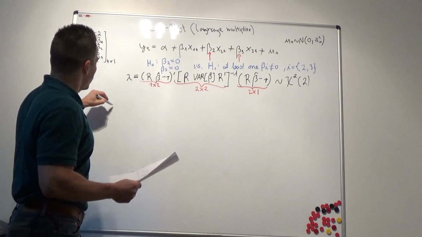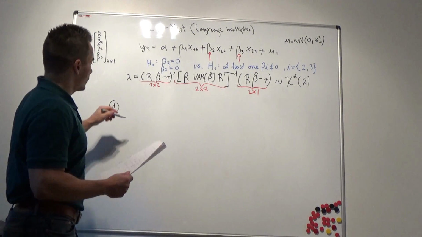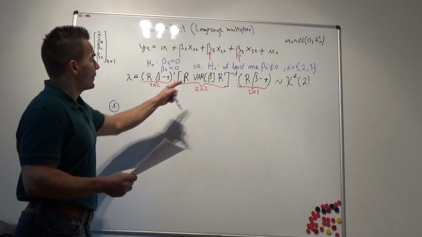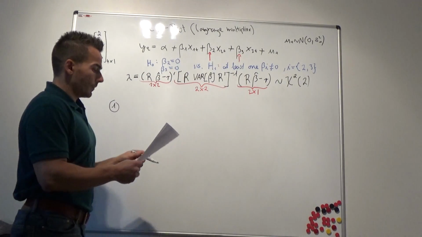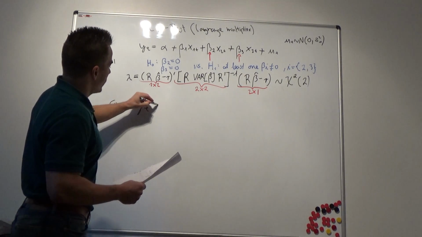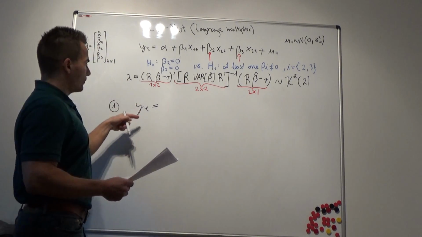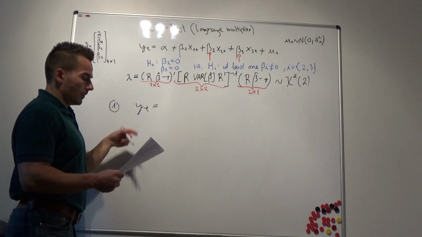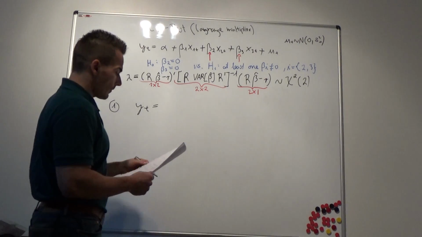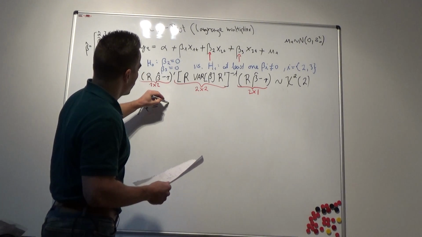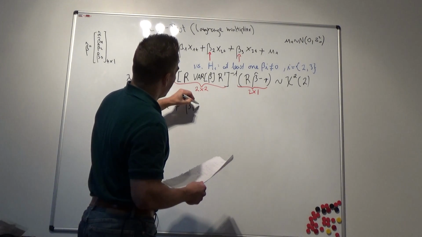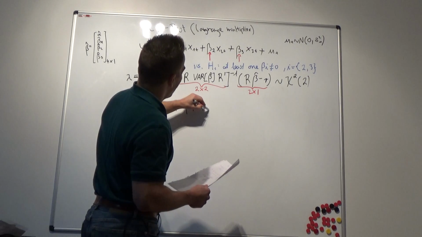The first step is we run this model under the null hypothesis. Under the null hypothesis, these guys here are 0. So on the left-hand side we have again the excess equity portfolio returns, denoted as y_t, and we regress it on an intercept term alpha plus beta 1 times x_1t.